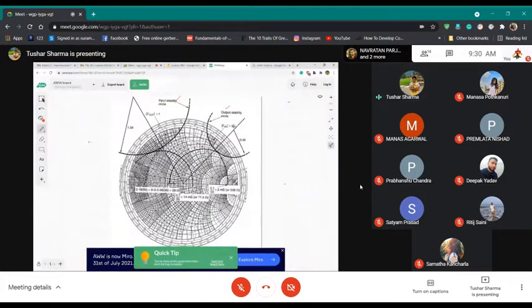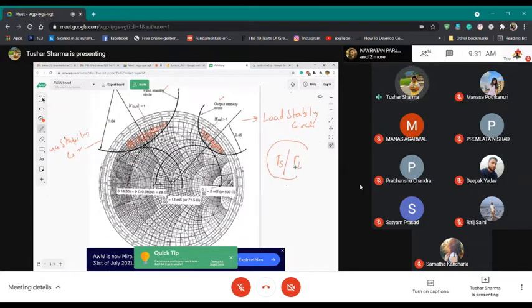So this is my load stability circle, and this is my source stability circle. And this region is my unstable region.